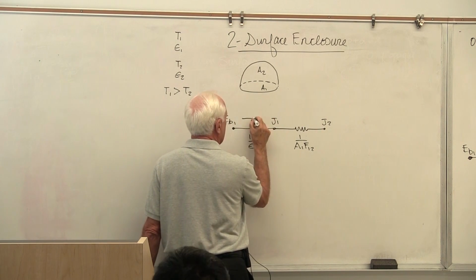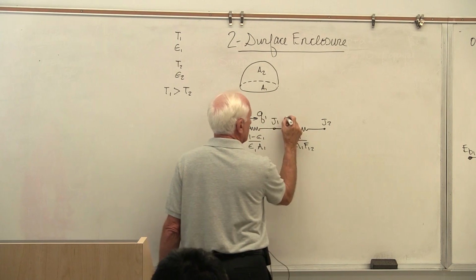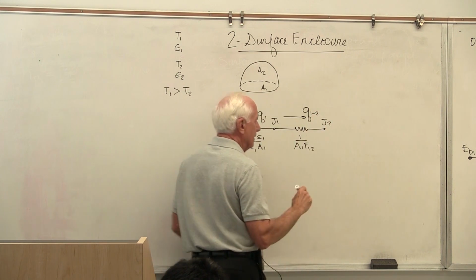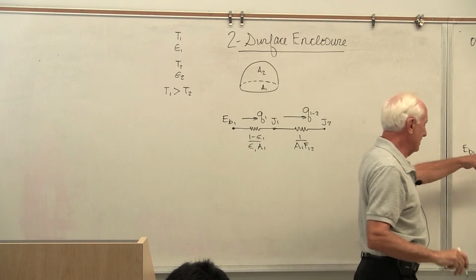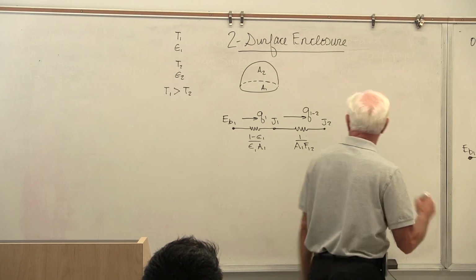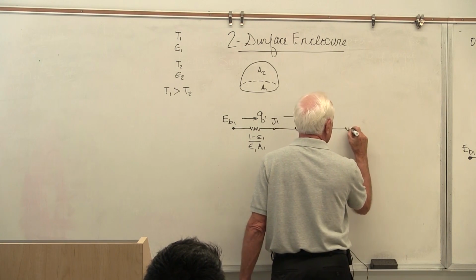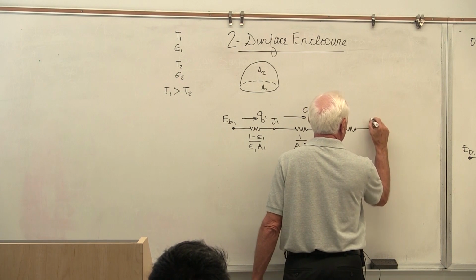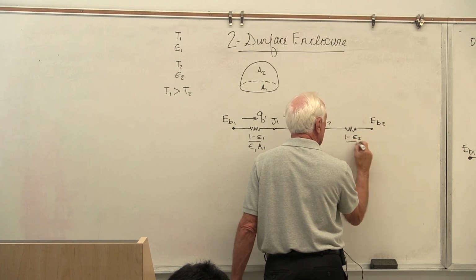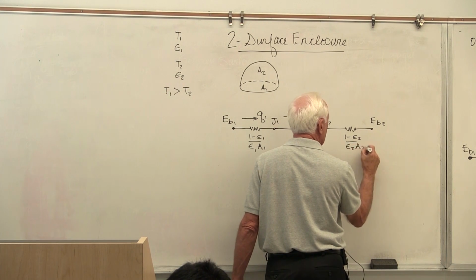What's the heat flow here? Q1. What's the heat flow here? Q1-2. Now we're at J2. Go back to here again. J2 connects with the surface EB2, with resistance 1 minus epsilon 2 over epsilon 2 A2, and heat flow Q2.